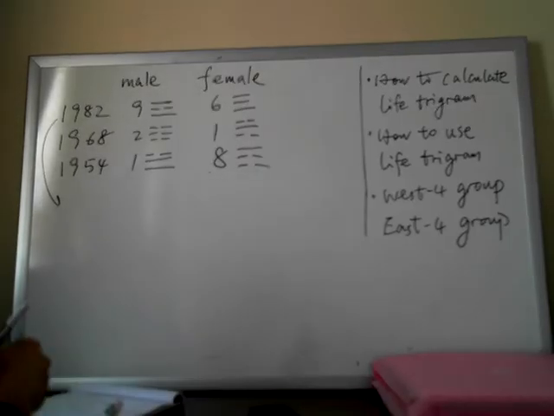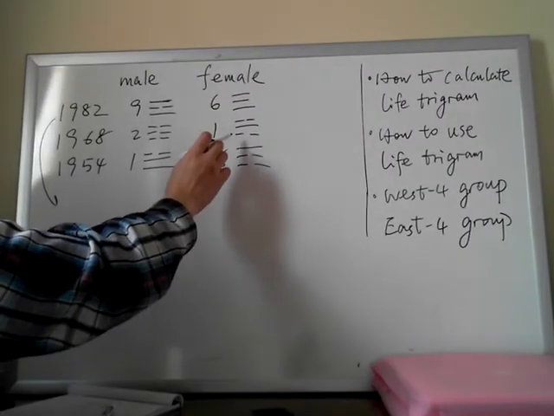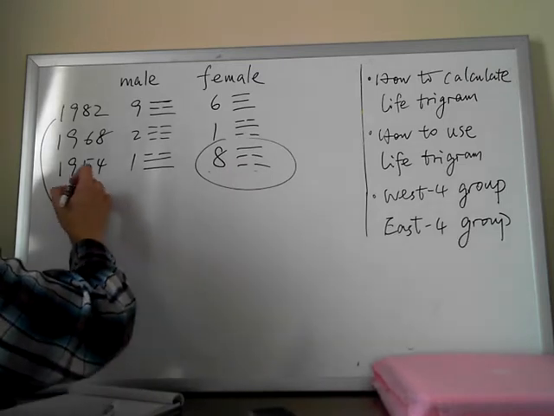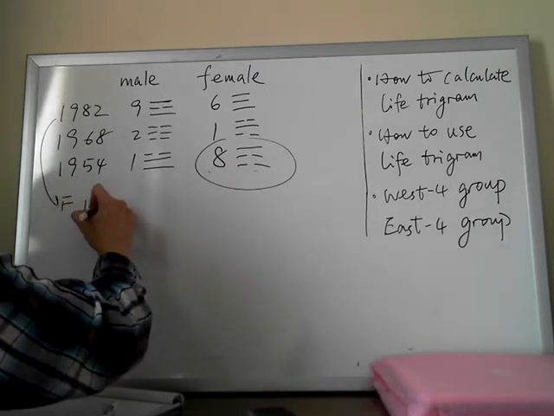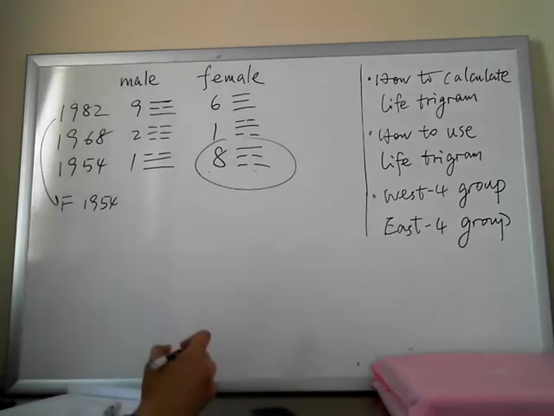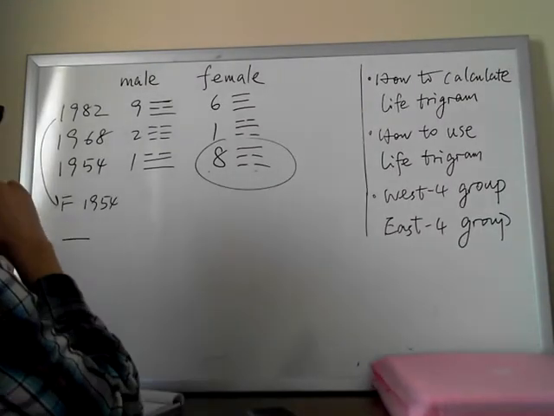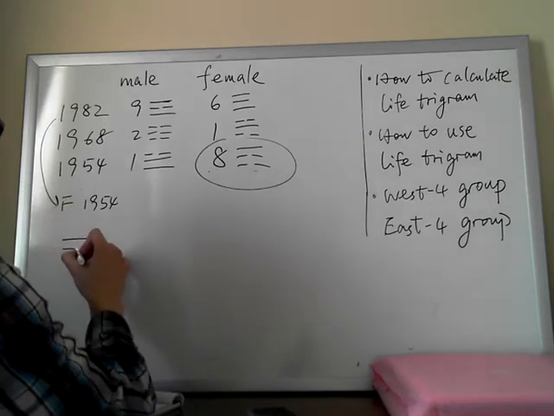Let's say a female born in 1954, life trigram again.